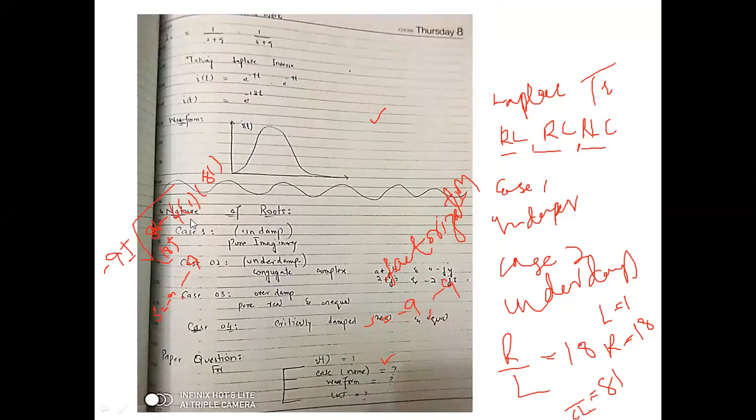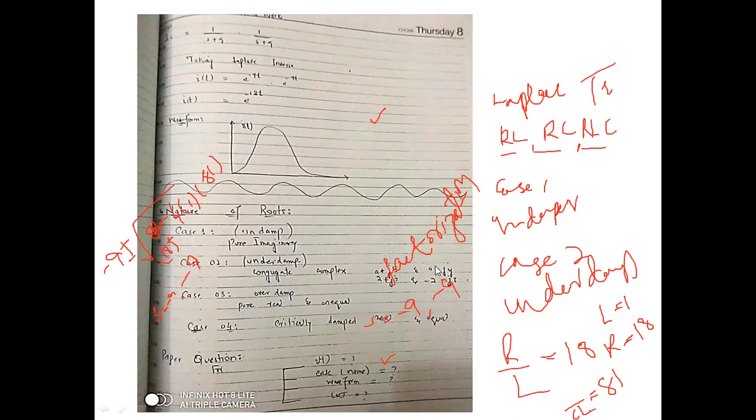So the nature of the roots in case 1, which was the undamped case, were pure imaginary. In case 2, the underdamped case, the roots are conjugate complex, that is a plus jb and a minus jb.